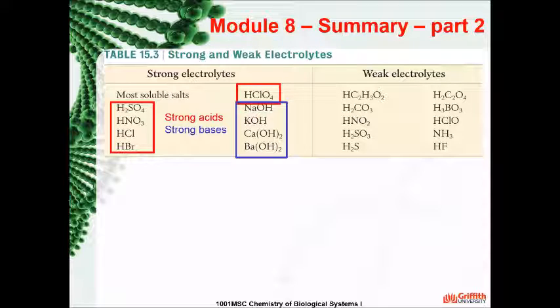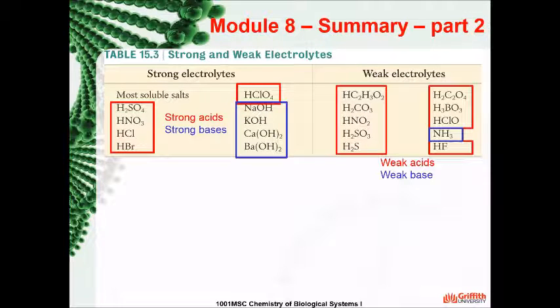Some examples of strong acids include hydrochloric acid and sulfuric acid. Some examples of strong bases include sodium hydroxide and calcium hydroxide. Weak acids and bases are weak electrolytes. They don't ionize well, and most of the solution will contain the molecular form of the compound. The only weak base that you need to learn for this course is ammonia.